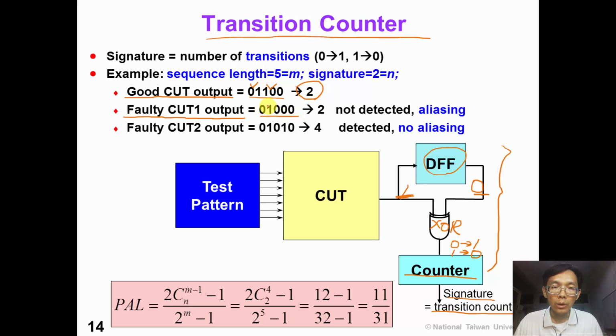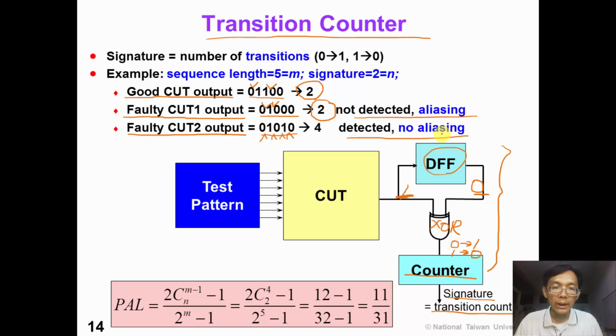This bit stream also has 2 transitions. Therefore, the signature is 2 and we cannot detect the fault. This is an aliasing. For faulty CUT number 2, output 0, 1, 0, 1, 0. It has 4 transitions, so we can detect the fault. And there is no aliasing.